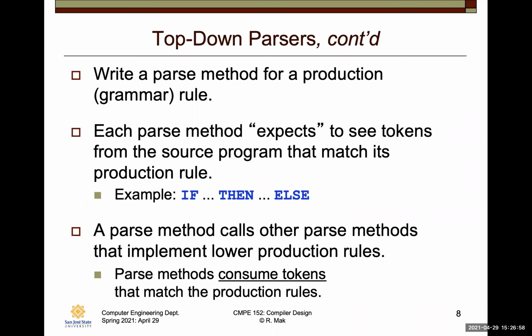So each parse function calls other parse functions, et cetera, and the parse functions, of course, are consuming tokens. Remember, I said that after the parser has seen a token and knows what to do with that token, it has to move on to the next token.